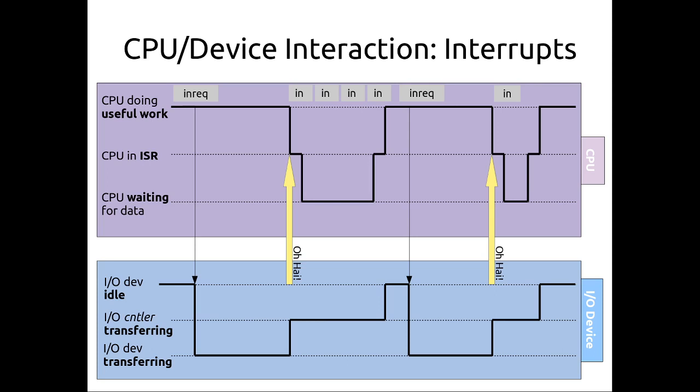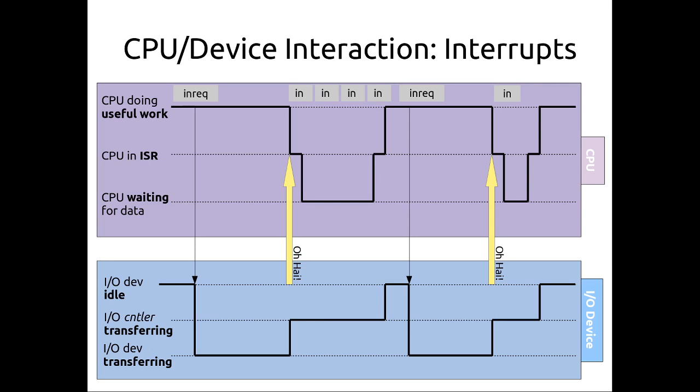So we request the I/O device to get data from its backing device, right? But we don't block waiting for that data. Instead, we await at some point in the future some sort of an interrupt. So now, as you see, the device will go from an idle state when it receives a request into some sort of an I/O device transferring state.